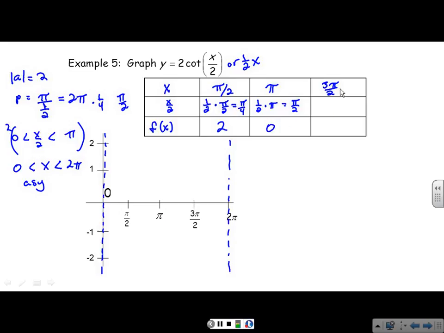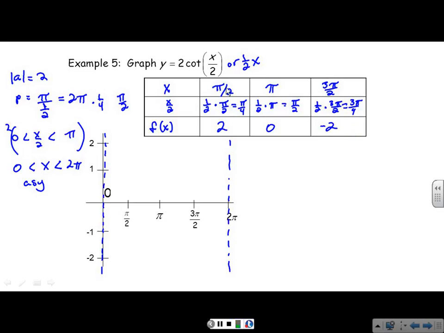And if we do 1/2 times 3 pi over 2, that's going to give us 3 pi over 4. Again, that's the 45, 45, 90, and so that's going to give us -1. So cotangent gives -1, and times 2 is going to give us -2.